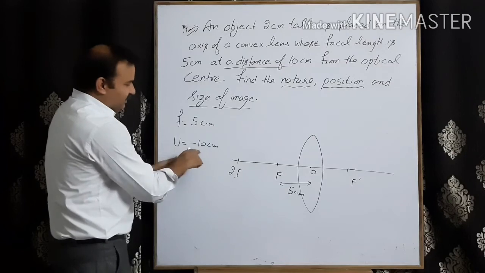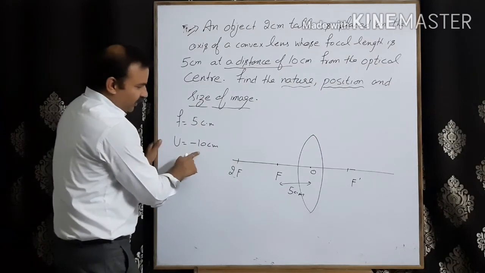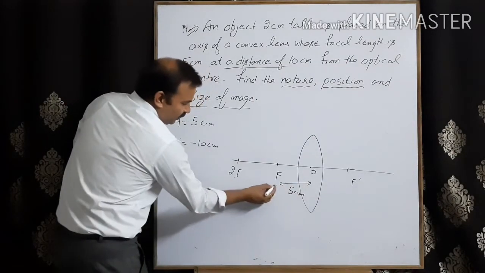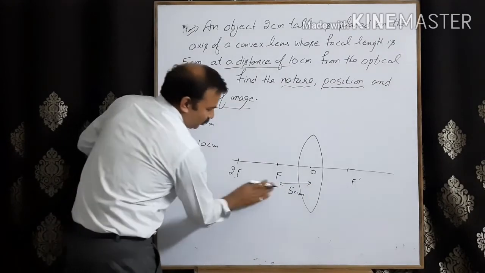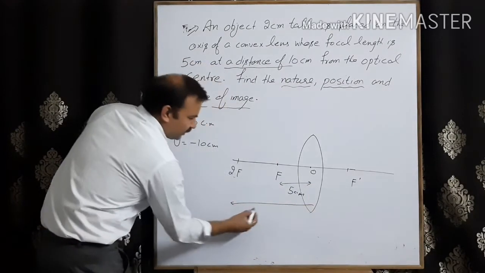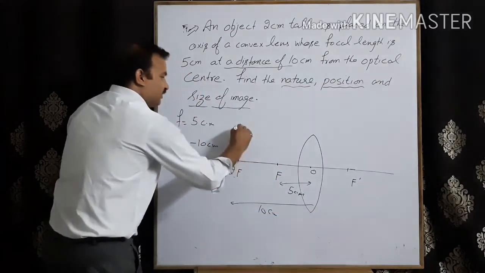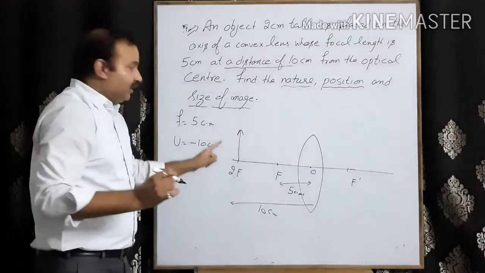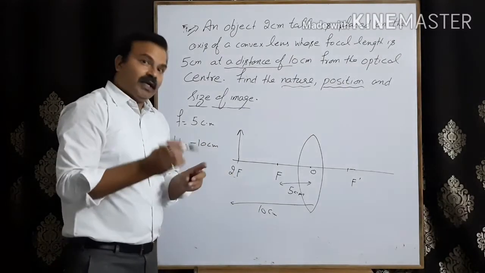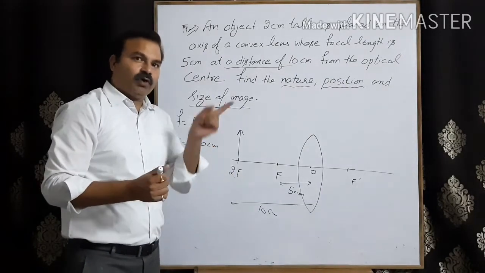So if the object is kept at a distance of 10 centimeter, it means this is 5, this is 5 more, or you can say the complete is 10 centimeter. So this is double of the focus. It means the object is kept at twice the focus. Now remember the table.